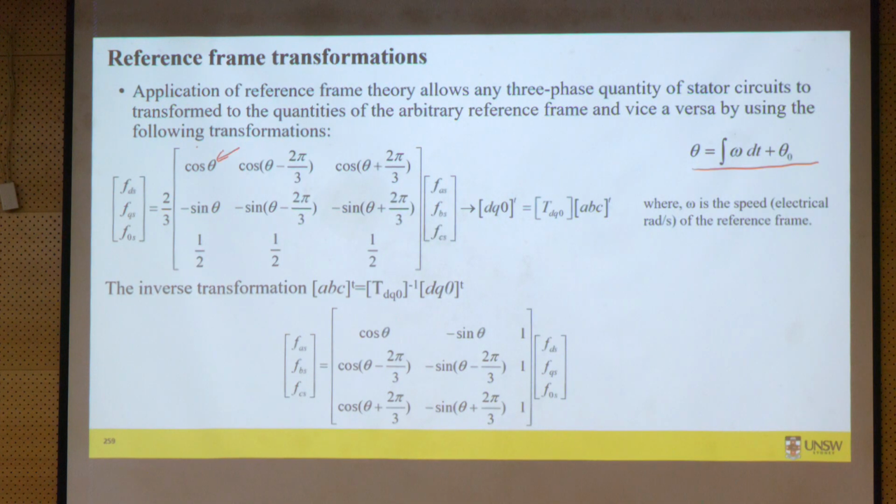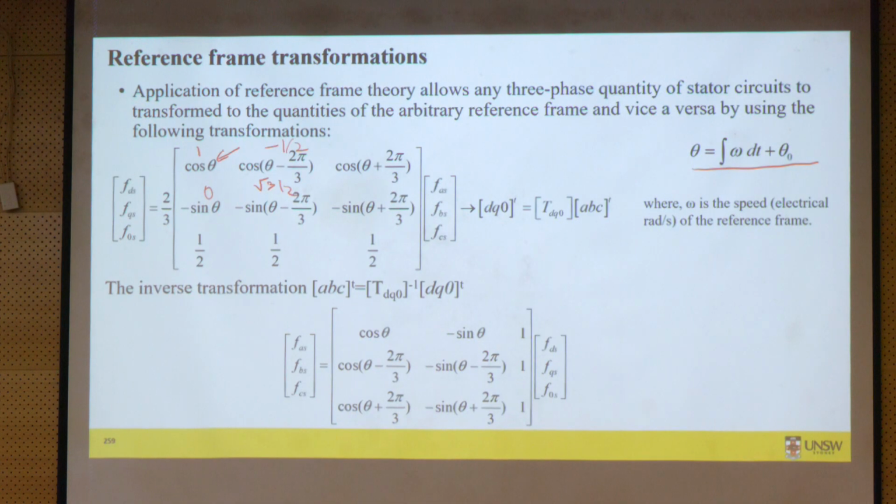Cos 0 will give you 1, cos of minus 2 pi over 3, cos 120 degrees, will give you minus half, and so on. This is 0, this will be root 3 over 2, and so on. So the elements of the matrix are simply numbers, and you don't need theta.